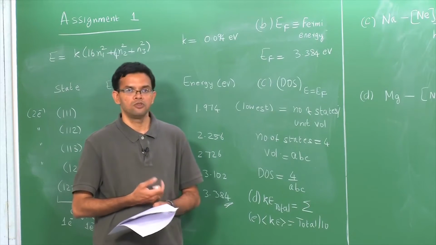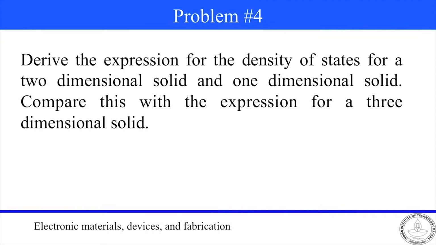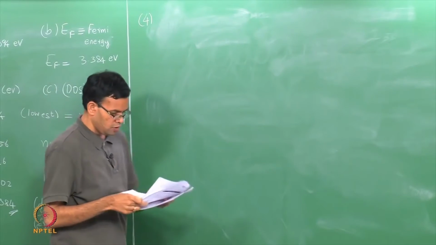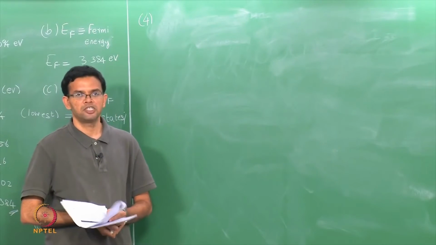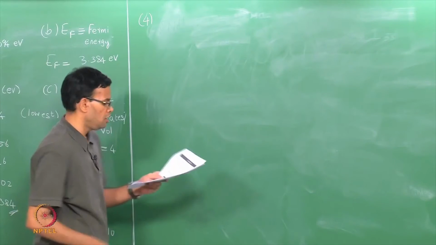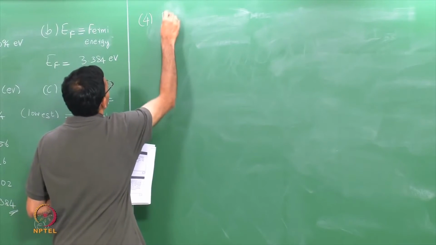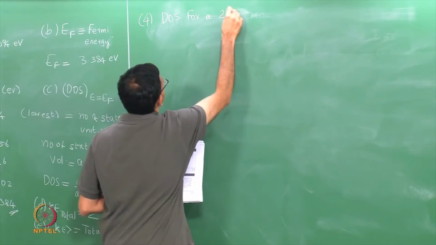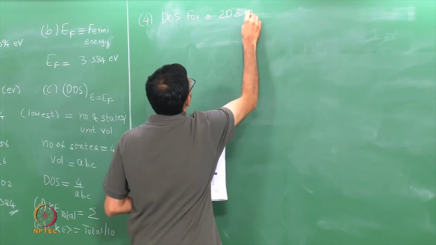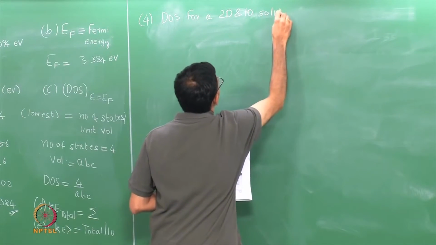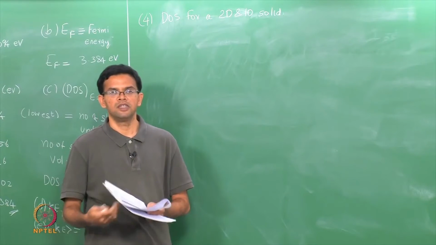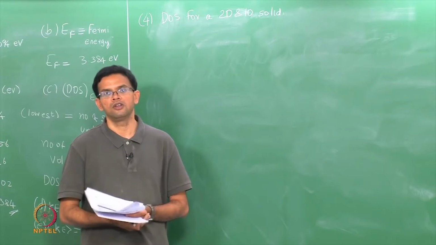Let us now go to problem 4. We want to derive an expression for the density of states for a 2-dimensional and a 1-dimensional solid, and you want to compare this with the derivation for a 3D solid.